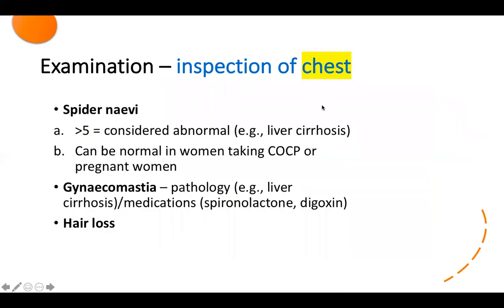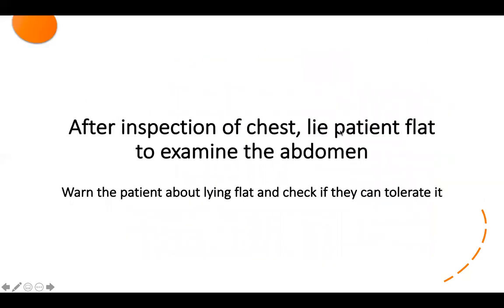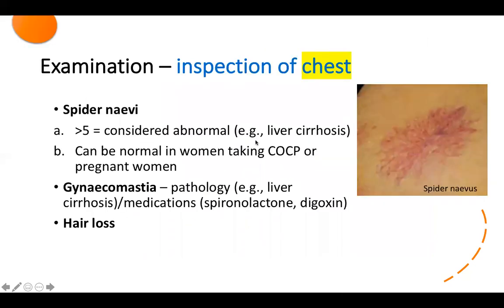Okay, now that you've examined the neck, you come down to the chest. So there are three main things you want to look for. Spider nevi, and that's an important one to mention. So if it's more than 5, it's considered abnormal, and you think about things like liver cirrhosis.